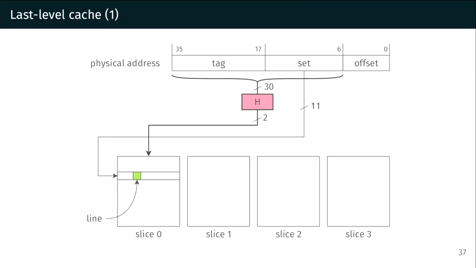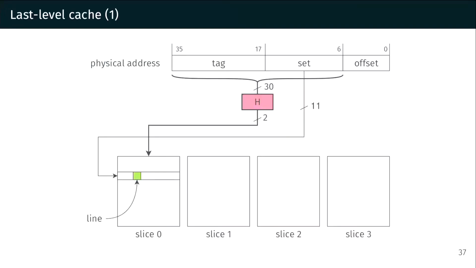So there's even more to it, but I will need, again, a bit of background before continuing. I've shown you the different levels of caches, and here I'm going to focus more on the last level cache. So we have here our 4 slices. This is the last level cache, and we have some bits of the address here that correspond to the set.